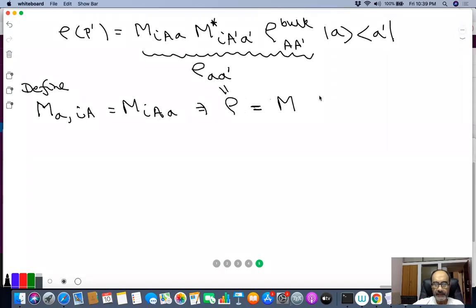Then rho bulk times identity. What is identity? This is in the IJ space, delta IJ. Why delta IJ? Because the I index is contracted. And then M dagger. Maybe I should write it in a neater way.